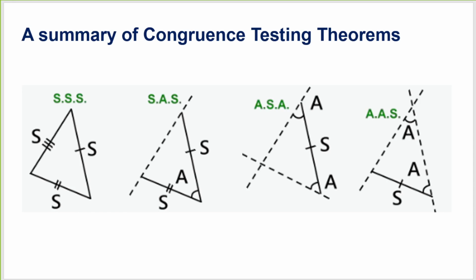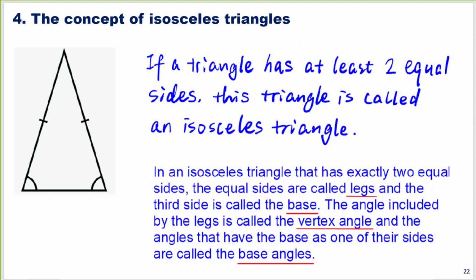Okay, next, let's have a look at some related concepts. First, the concept of isosceles triangles. If a triangle has at least two equal sides, then this triangle is called an isosceles triangle. In an isosceles triangle that has exactly two equal sides, the equal sides are called legs.